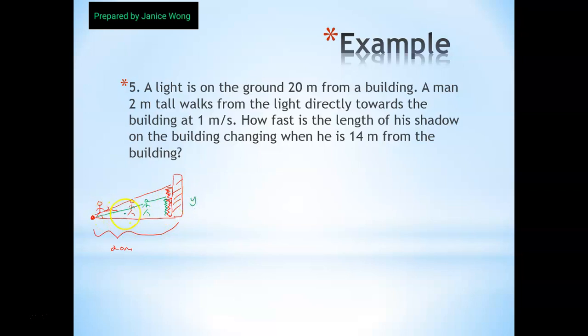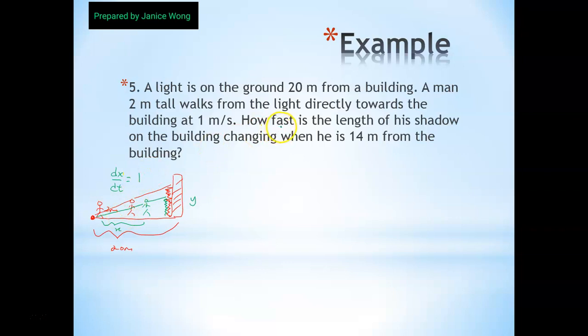Then the distance that the man walks, I let it be x. According to the question, the man walks at 1 meter per second. So dx over dt, the rate of change of the x, is 1. Positive value because the further the man walks, the longer the distance. It is increasing. The rate must be of positive sign.